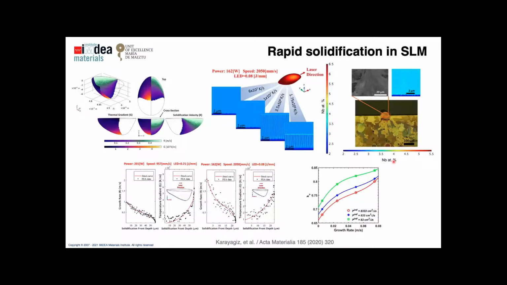And now, what is probably to date one of the state-of-the-art simulations combining different models is the study from the thesis of Kubra Karayagiz at Texas A&M, where they do a phase field finite element simulation of the melt pool. They take selective evaporation of elements into account.